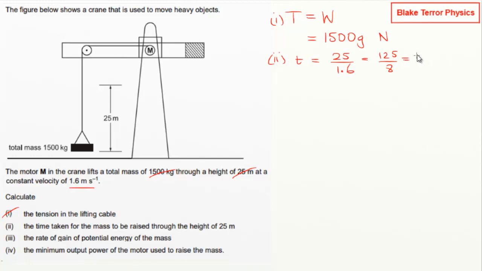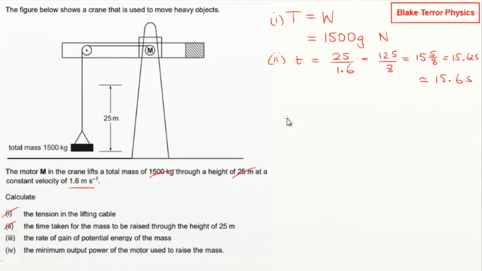So that is 15 and 5/8, which is 15.625. So just rounding that to 15.6 seconds. So again, straightforward. We're just doing a basic velocity is distance over time calculation there.